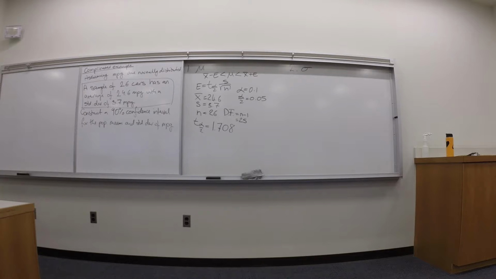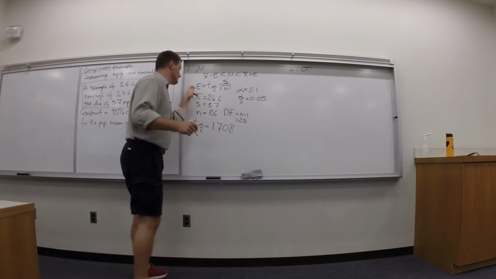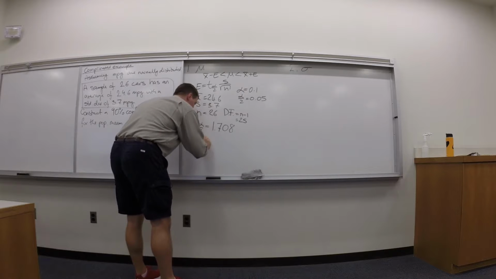Good? You found it? Everybody? Cool. All right, so we have T alpha over 2, the critical value. So let's find E.